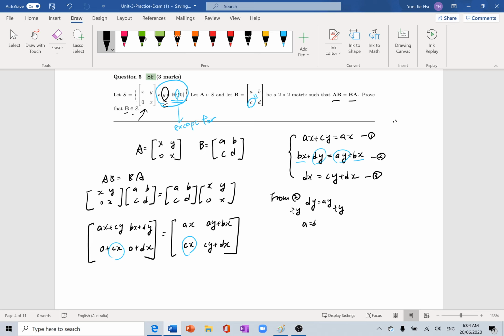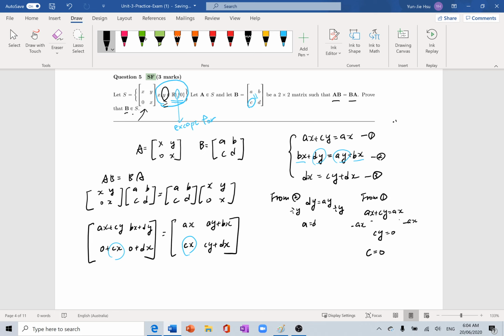Okay, from 1, do you find out ax plus cy equal to ax? A cannot be 0, so x cannot be 0, so you minus ax, right? Solving the equation, you get cy equals 0. y cannot be 0, so you can say c must equal 0.